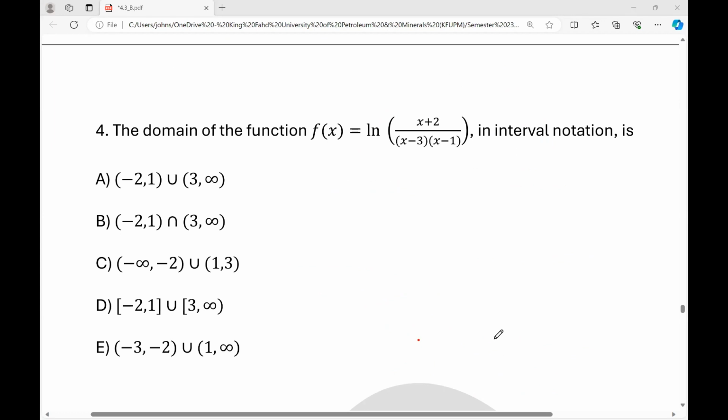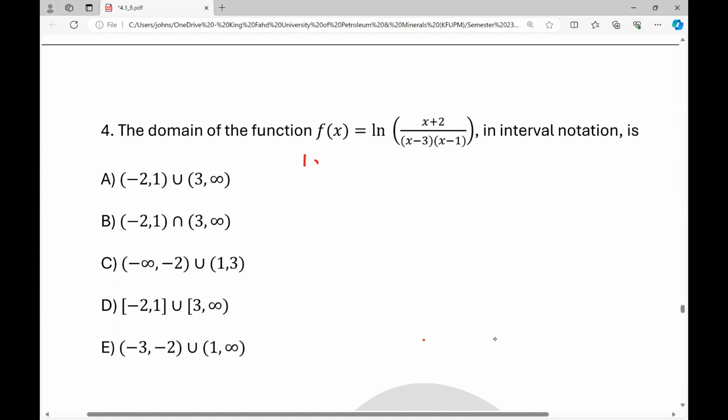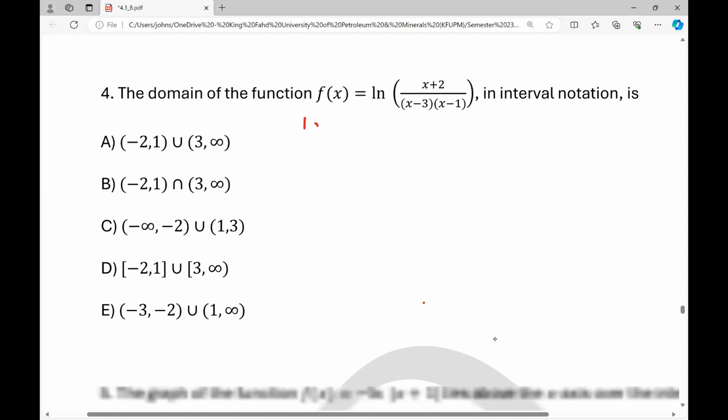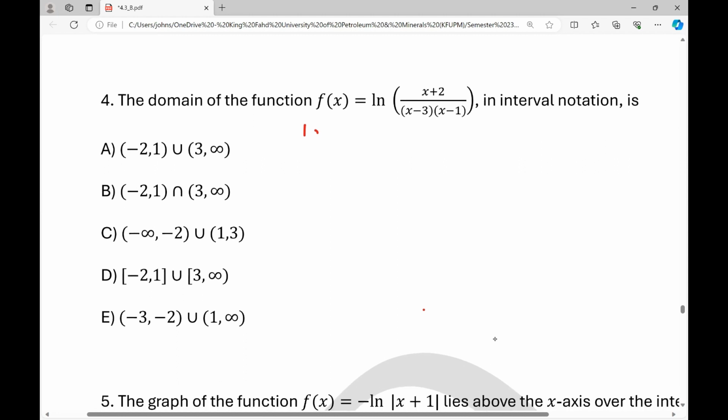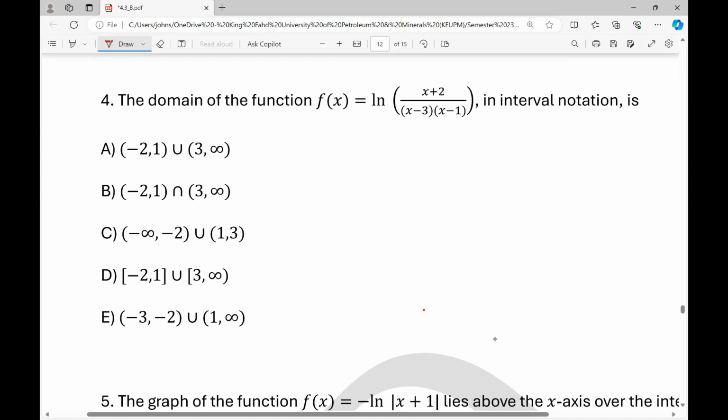All right. So here in number 4, we want to find the domain as usual. We'll say the domain. The domain are simply the values of x that are greater than what?